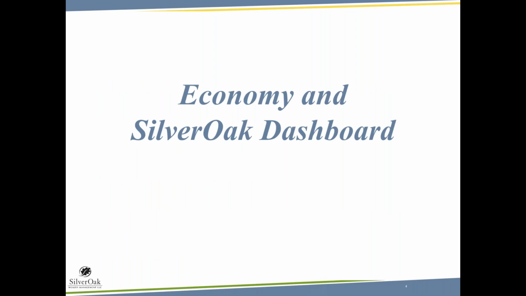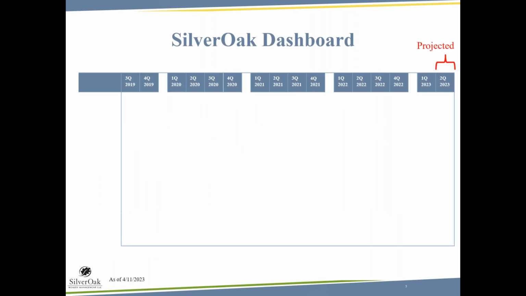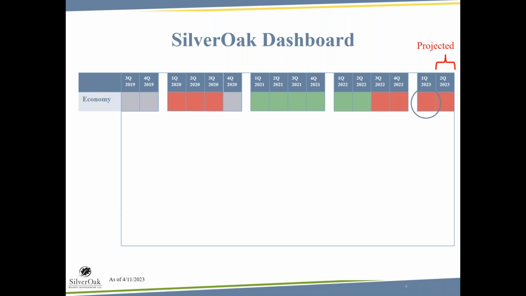So with that, let's start with the economy and the SilverOak dashboard. Hopefully everybody's becoming more familiar with our dashboard. It's broken down into 4 components, and what we're showing here are the quarterly data points for those 4 components.